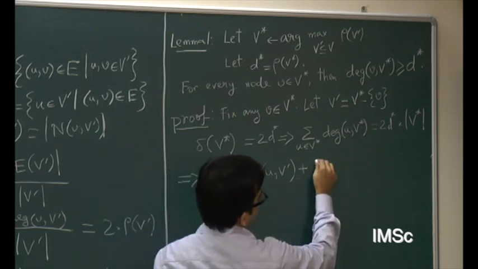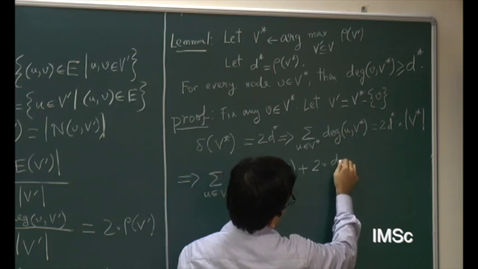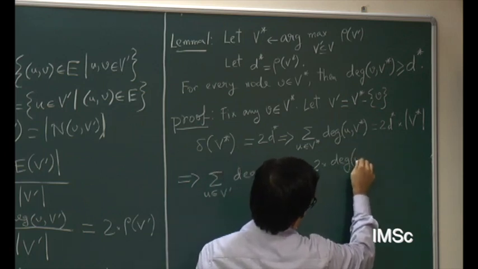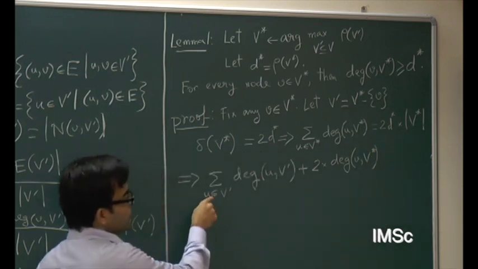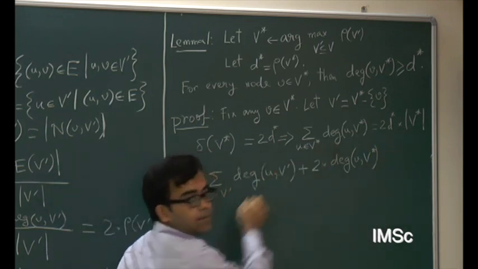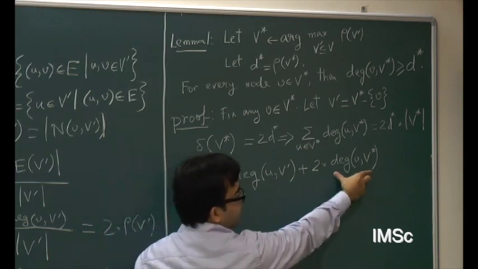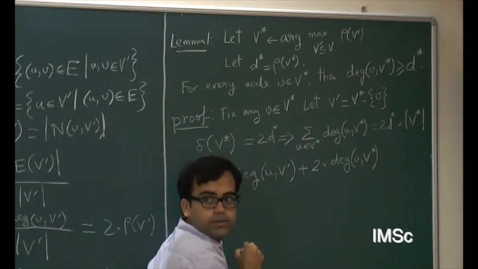It should be 2 times the degree of v comma V star, because you left out the node v from this sum, so you get one quantity, the degree of v in V star.